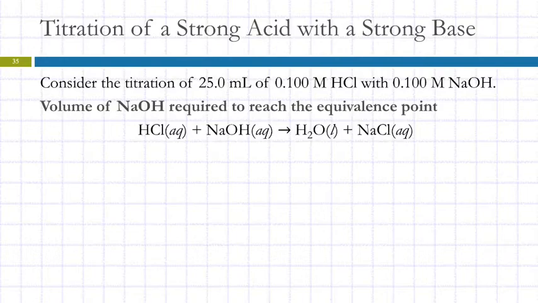Well, at the equivalence point, we need equal moles, considering the stoichiometry, of hydrogen ion and hydroxide ion. So what we've got here, we've got 25 milliliters, or 0.0250 liters.